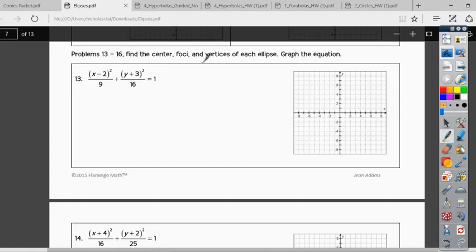Alright, so find the center, foci, and vertices of each ellipse. Graph the equation. Center. Center is 2, negative 3.